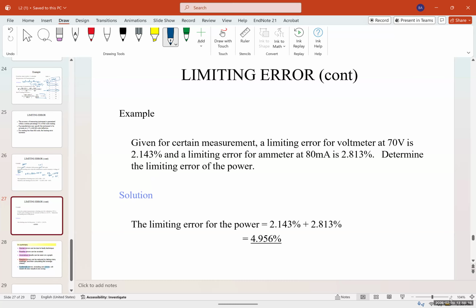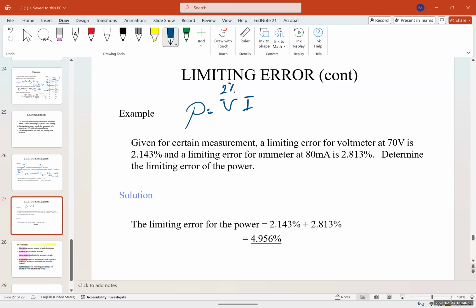Now, this is another example. A galvanometer or a digital multimeter or an energy meter, a power meter, and it has a limiting error for example of 2% for its voltage, another 2% for its current. When we want to find the power, which is combining the voltage and current, because as you know, P is equal to VI.